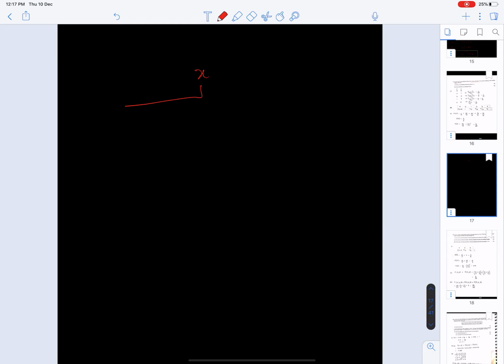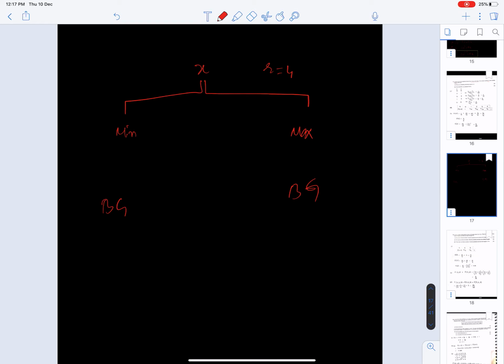So x will take these values: minimum, maximum. Since we need 4 students, write girls here, boys here, and write the available numbers 5, 3.